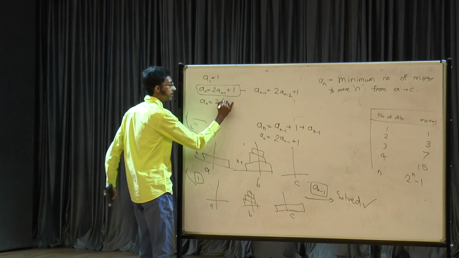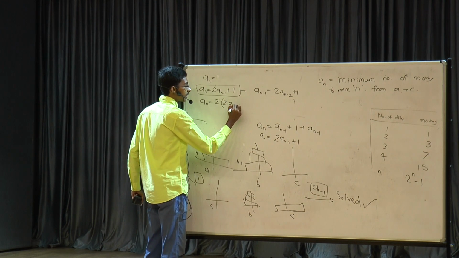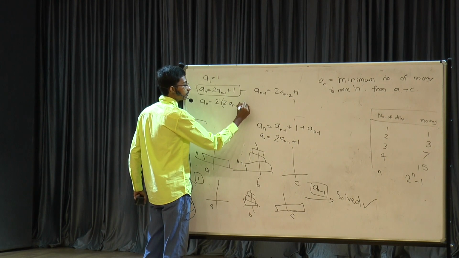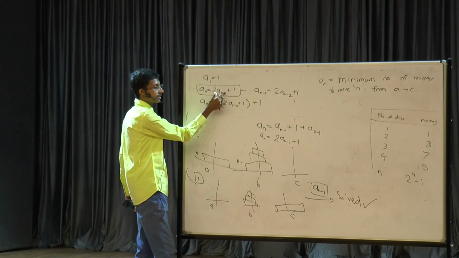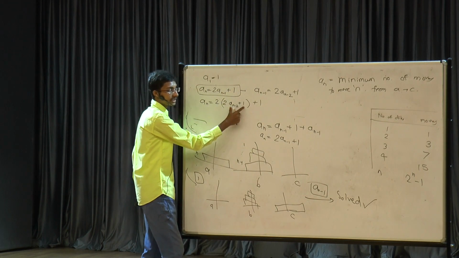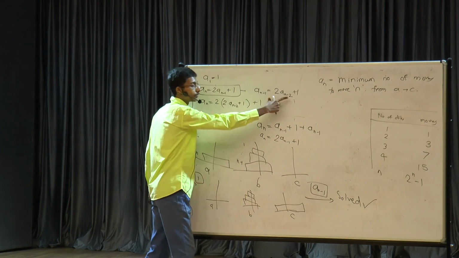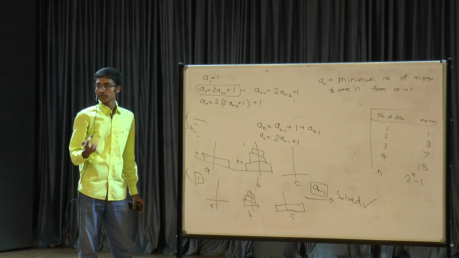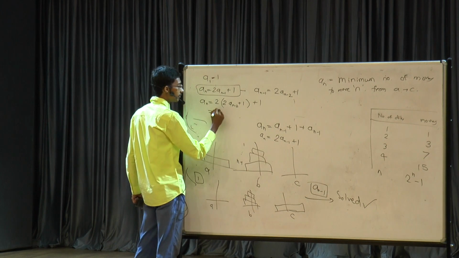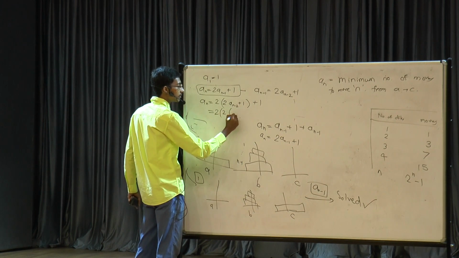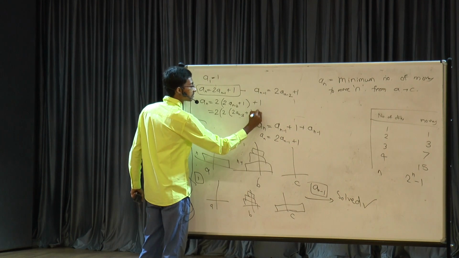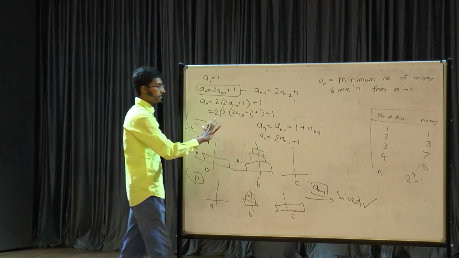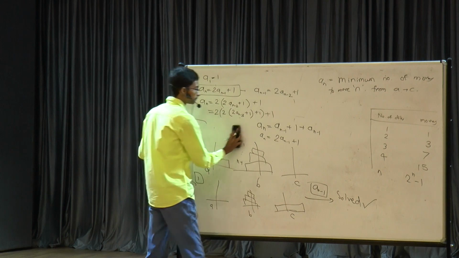So I can write here 2 times a_{n-2} plus 1, and the plus 1 directly from there. I have just replaced a_{n-1} with this, which we know from the recurrence relation. Okay? What will be the next step? 2 times a_{n-3} plus 1 plus 1 plus 1. Is that fine?